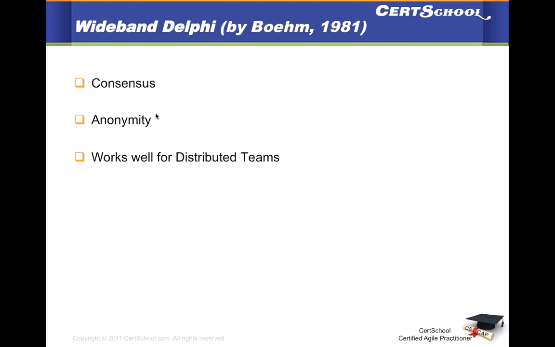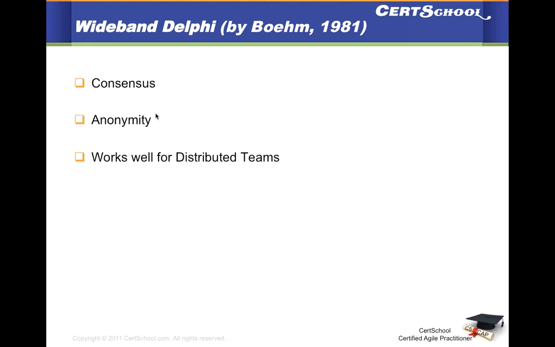So there may be a coordinator, or the Scrum Master, or the Agile coach can be the coordinator, and they would request everybody who's the estimator or everybody in the team to give their best story point estimate anonymously, so nobody knows what the other person has estimated.